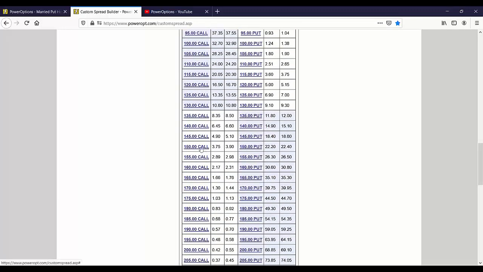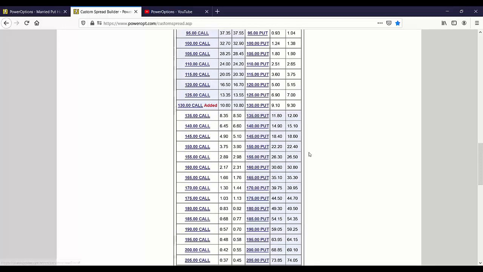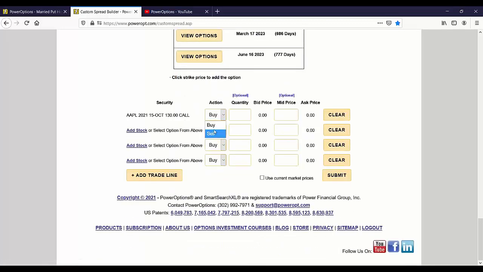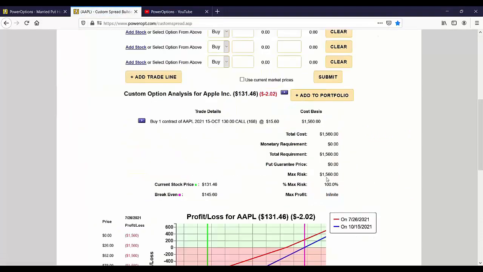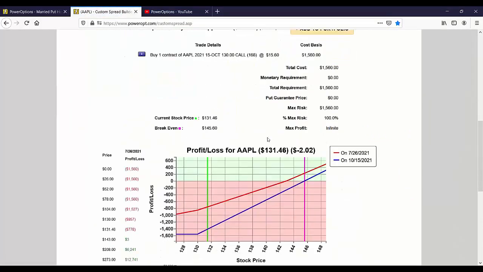It doesn't have to be January to be a LEAP, but in any case, we bought far out, at least 12 to 13 months. Now we're only 6 months to go. Let's say we bought a 130 call and paid $15.60 for it or so. We're looking at about a 50% loss now, with it down to roughly $10.60.